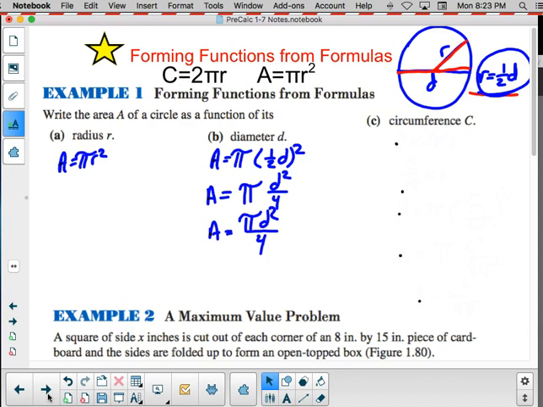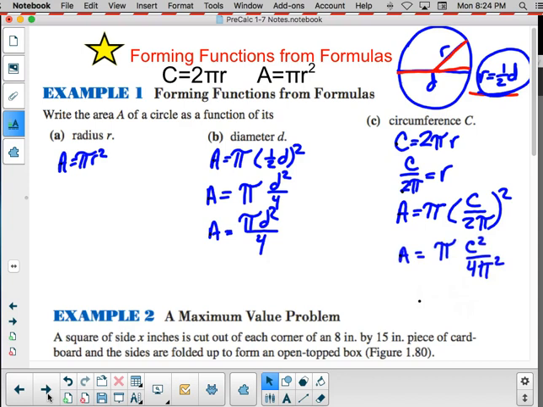Now I'm also supposed to look at area as a function of its circumference. Circumference is 2 pi r, and r is c over 2 pi. So I can substitute c over 2 pi in place of r in my area formula. Squaring those, I have pi c squared over 4 pi squared, but the pi's will cancel.